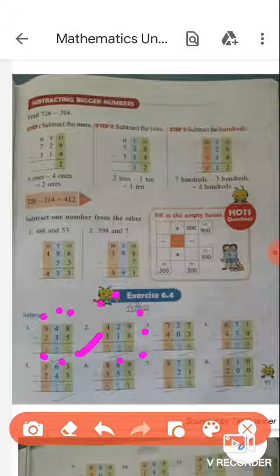At hundreds place, 400 minus 100 equals 300. So in this way, the answer will be 311. Now students, in questions 3 to 8, you will do the same process to find the answers of these questions. So I hope you understood.